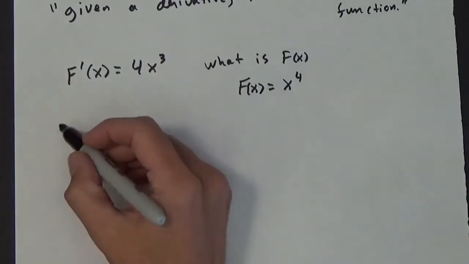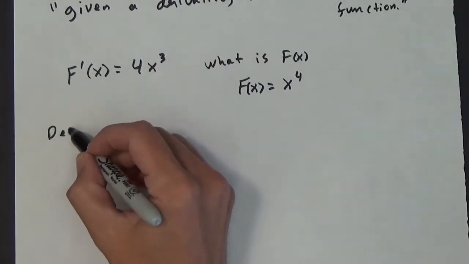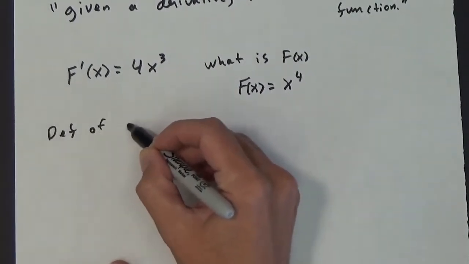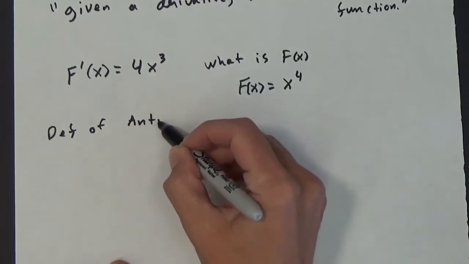So this is what we call the antiderivative, or this process is called antidifferentiation. So let's go ahead and write that out. The definition of the antiderivative.